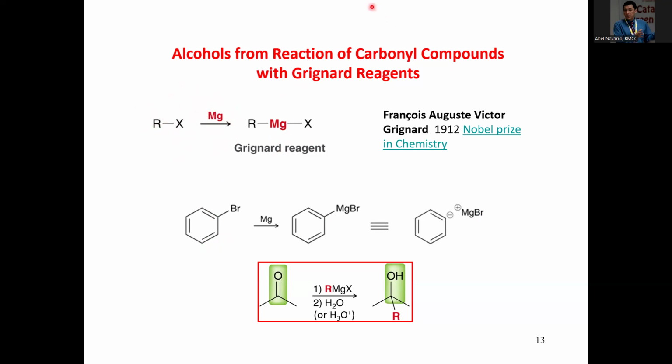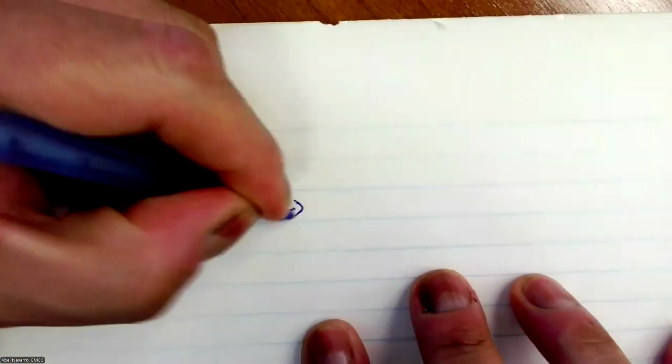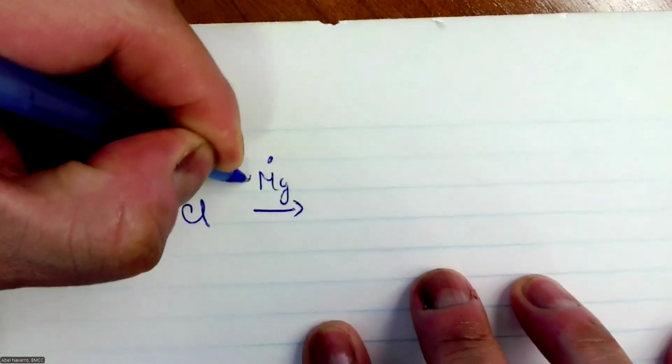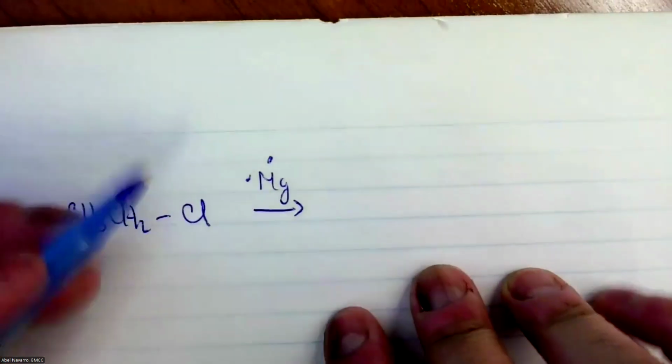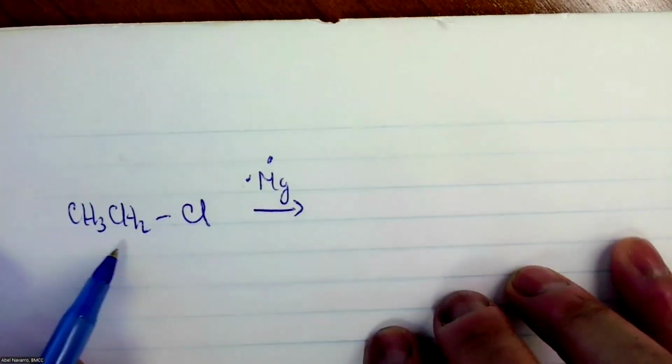Okay, so I'll show you how that reaction happens. I mean, we don't need to know it, but let's say that you guys have, let's say, an ethyl chloride. We react it with magnesium. Magnesium has 2 electrons. Those 2 electrons get transferred to the carbon.